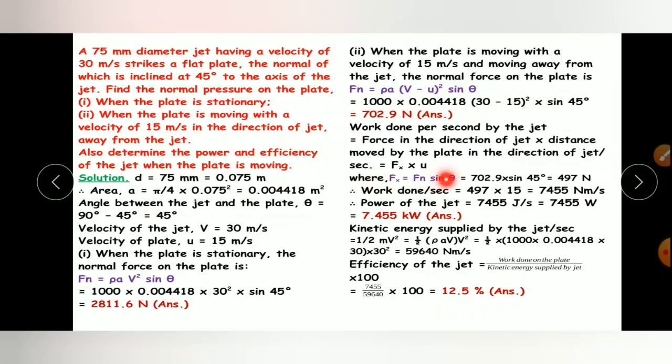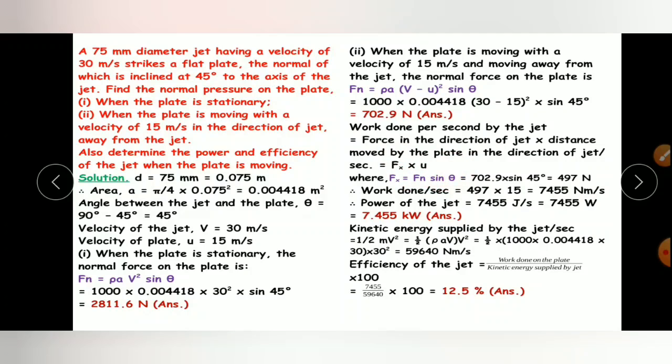But Fx is the force in the direction of the jet acting on the plate. Fx equal to Fn sin theta equal to 702.9 into sin 45 equal to 497 Newton. Therefore, work done by the jet equal to Fx into u.